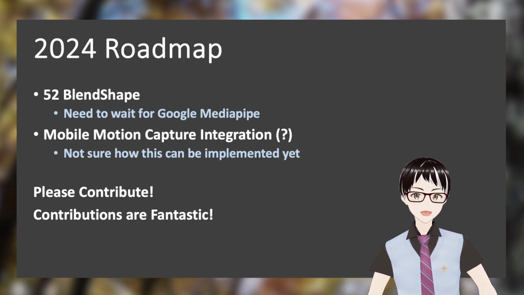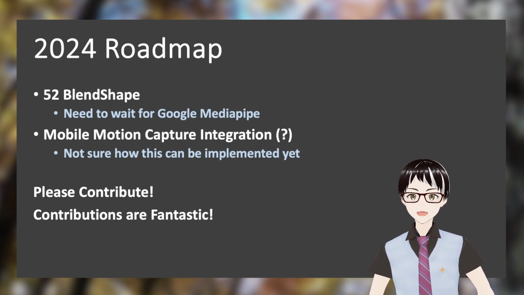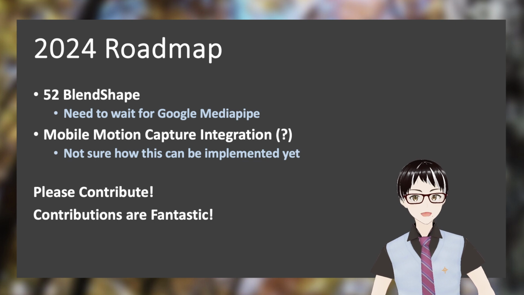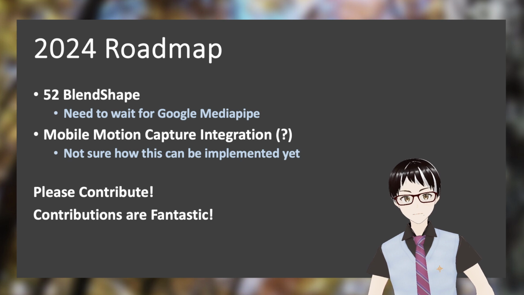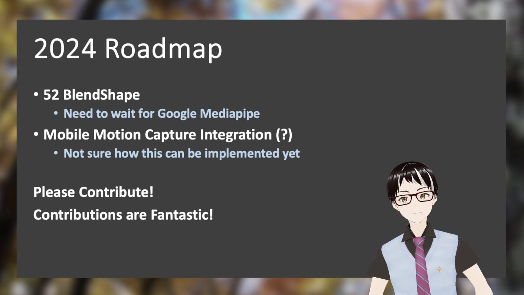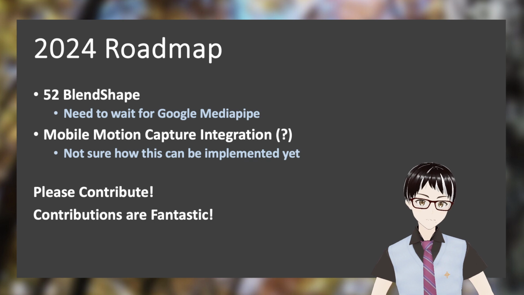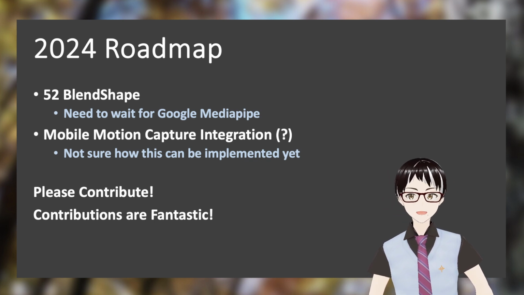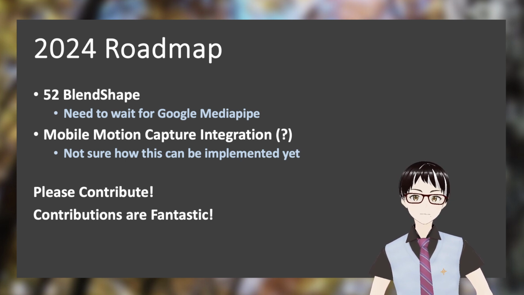We did have some research, and in the survey we were able to locate an open source library that could have some of the functions that we need, but we still need to check. For this item, maybe we can work on it in the later half of the year, starting maybe in July and continuing until October or November. So these two are the items that we plan for 2024.